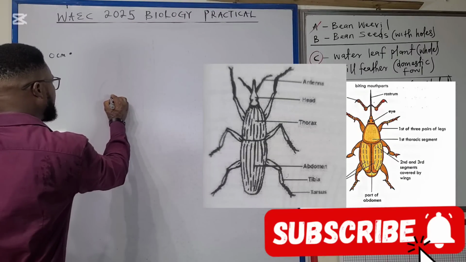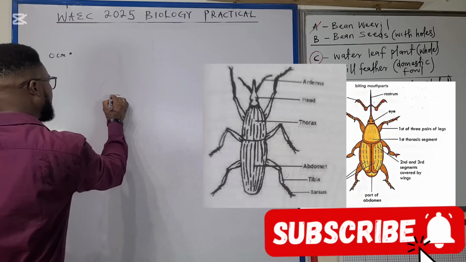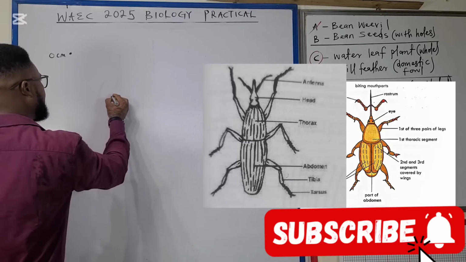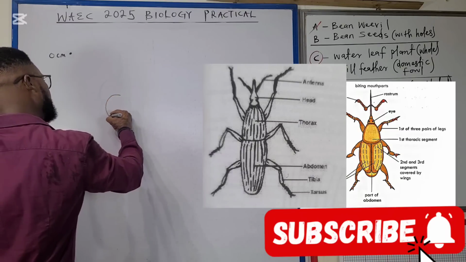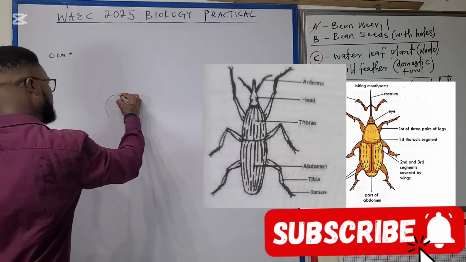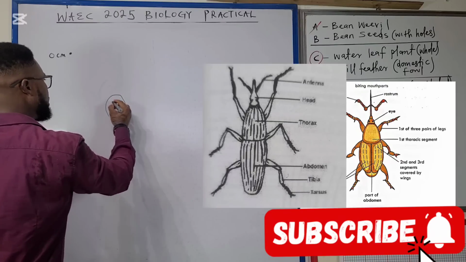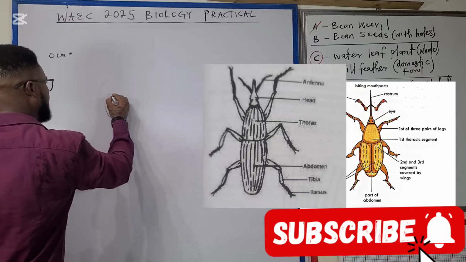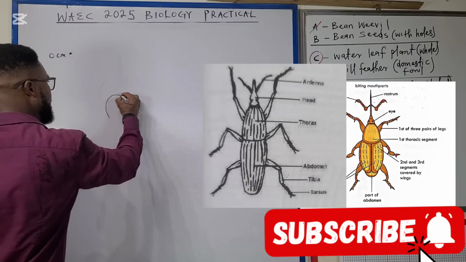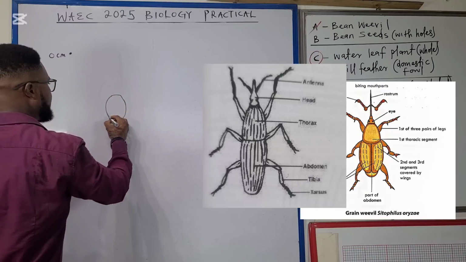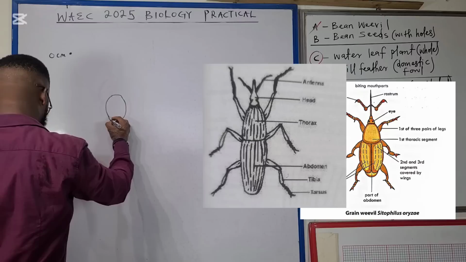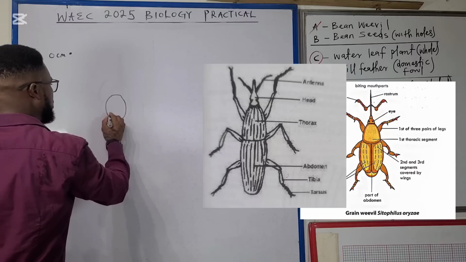Let's have something this way. And then we go this way to the right, and we go the same way to the left, to the right, and then to the left, and then this should end somewhat like this.